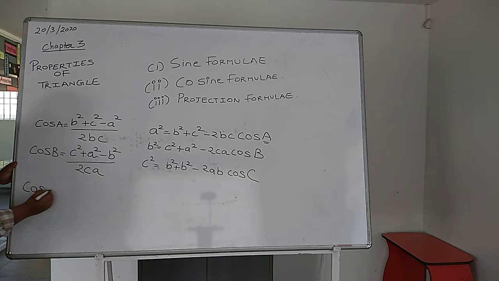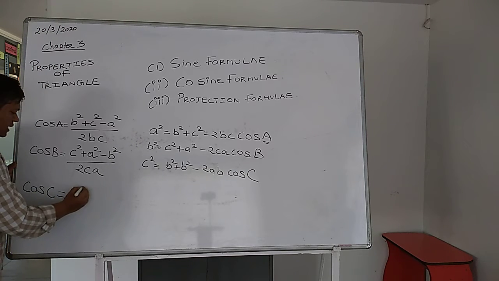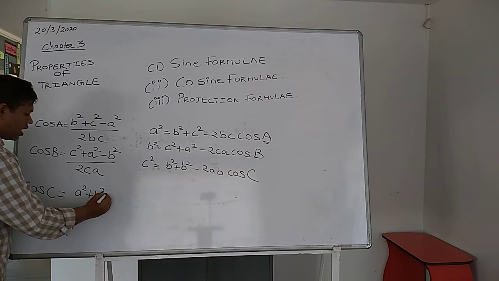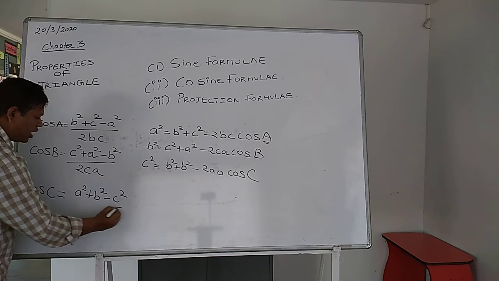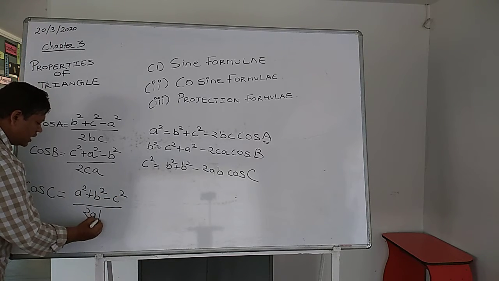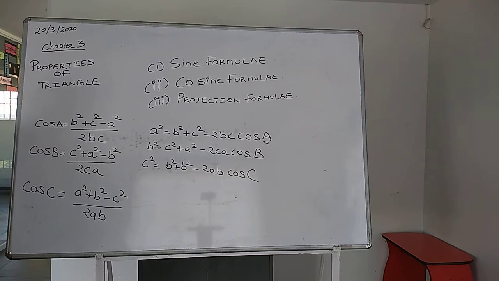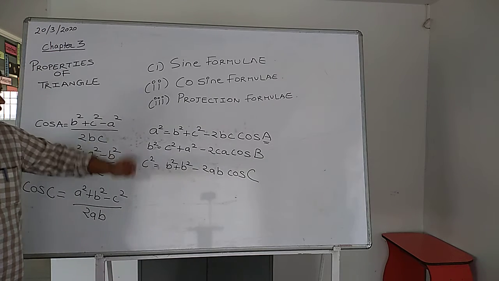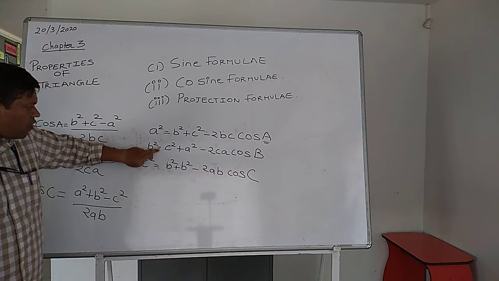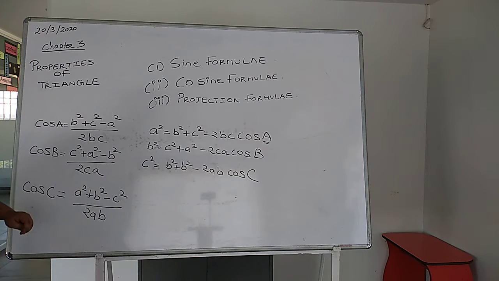And cos C is equal to a square plus b square minus c square upon 2ab. So this particular cosine formula can either be used in this form or it can be further used in this form. Is that clear? So this is the cosine formula which I have discussed.